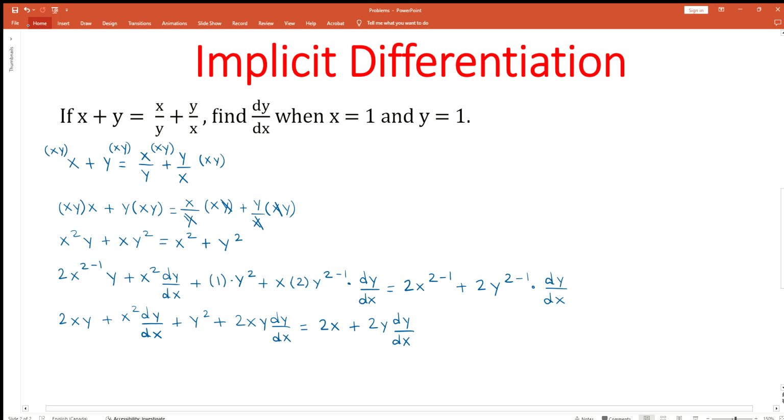In this problem, we have to find dy over dx when x equals 1 and y equals 1. Next, we can sub in x as 1 and y as 1 in this equation.